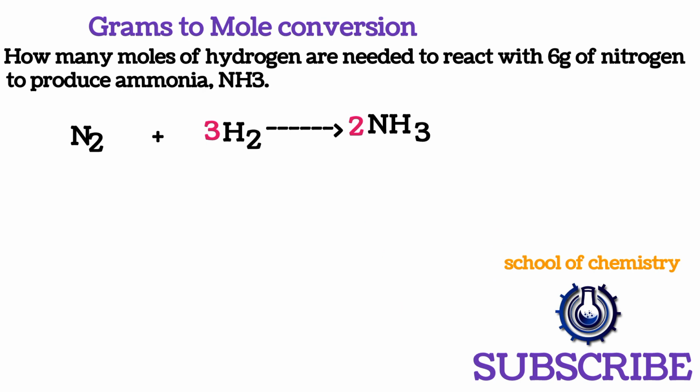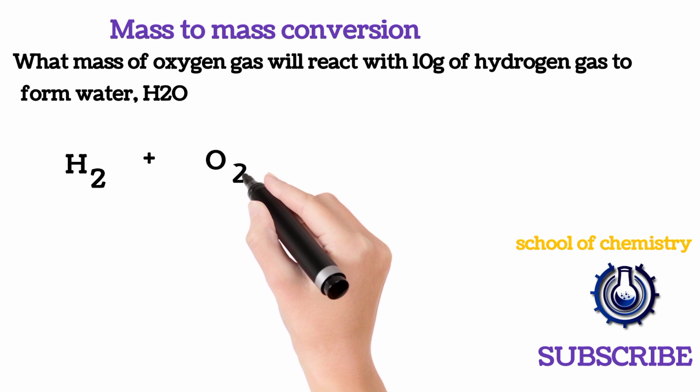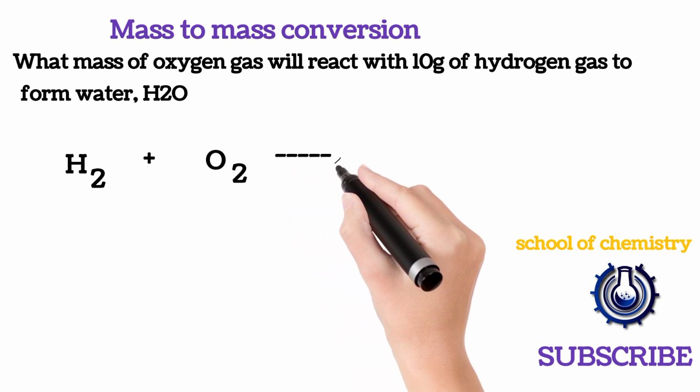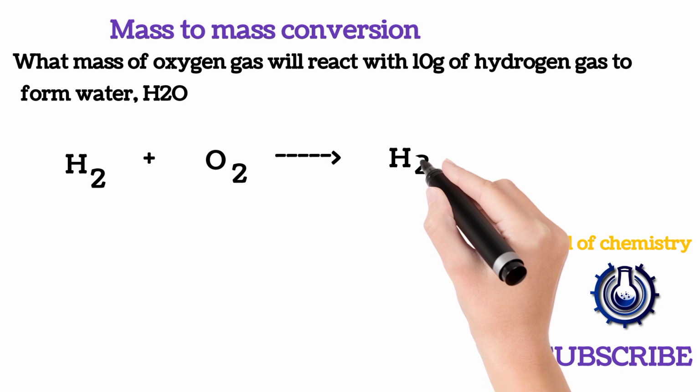Let's look at mass to mass conversion. What mass of oxygen gas will react with 10 grams of hydrogen gas to form water, H2O? So we'll write the balanced equation. I'm going to have H2 plus O2 will form H2O.